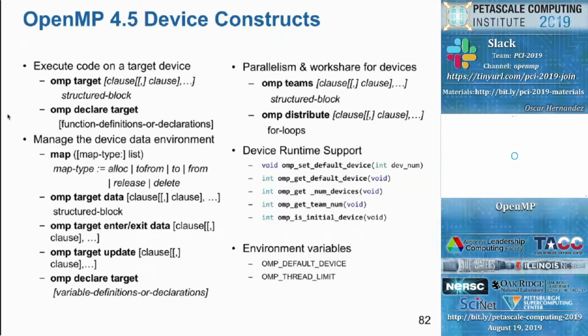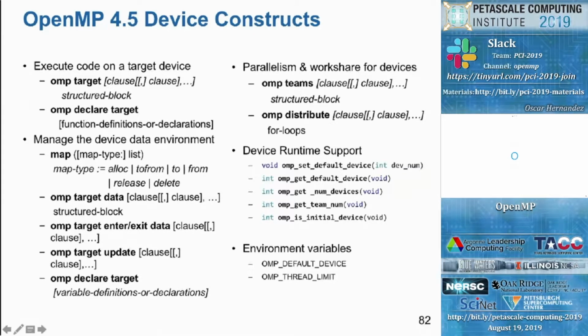Here is a quick summary of the different types of directives. We have directives that can be used to define regions of code that we want to execute in the device, or directives that help us manage the data environment on the device, for example to move data to the device or update data from the device to the host.